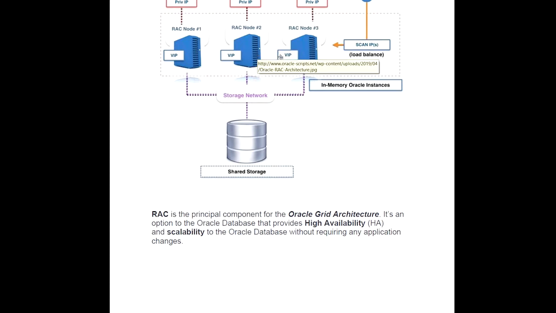So your users can access the database without waiting for the database to come up on a particular node which is down. With high availability you are improving your overall load handling, and you are not relying on a particular database instance to come up.